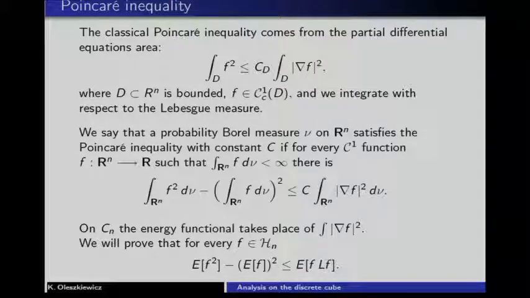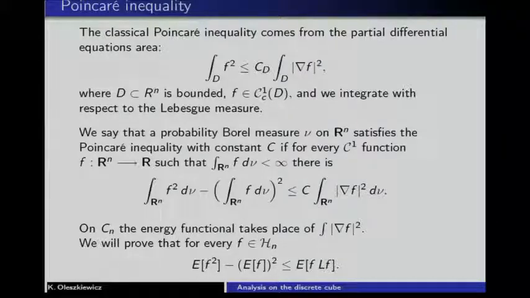So this is the inequality that tells you something about the measure space, about the properties of measure mu, rather than properties of individual function f. Which is sort of a twist in the point of view, because the thing started rather from a tendency to say something about properties of a particular function, and now we want rather to say something about the measure space, using f as a sort of test function.